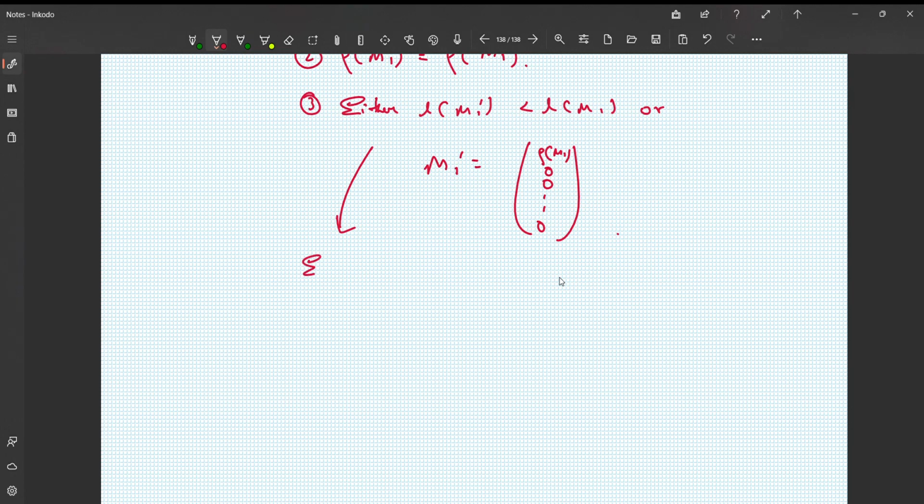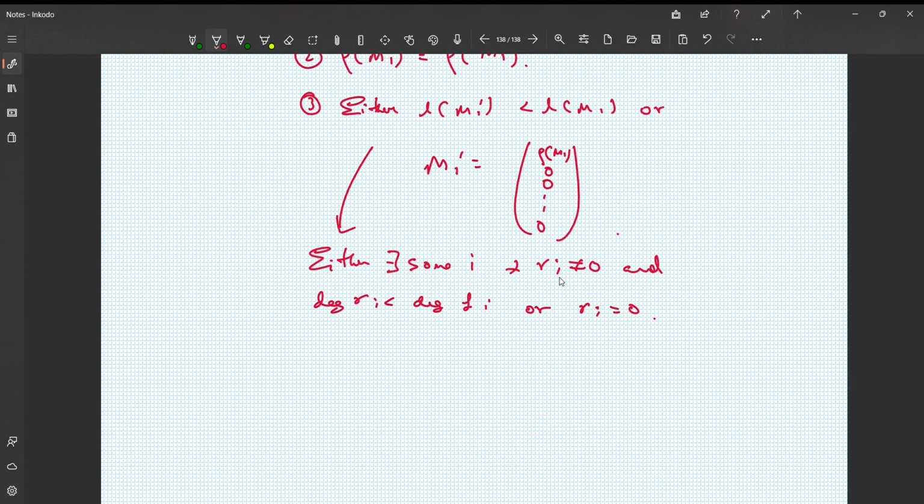So this property, to be precise, is actually stating that either some, or I should state it like this. Let me write it in this form: either there exists some i such that Ri is not equal to 0 and degree of Ri is less than degree of Fi, right?